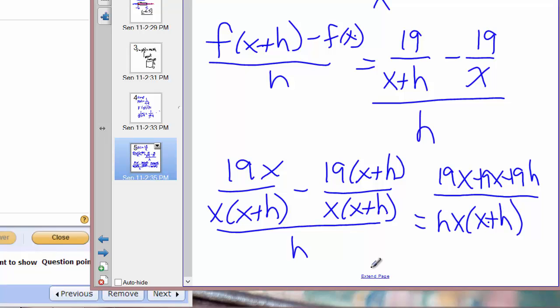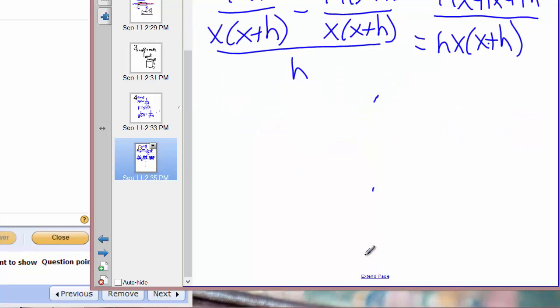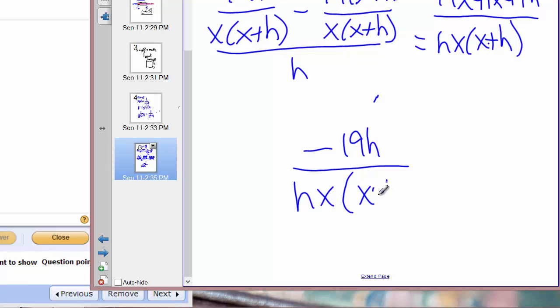And then, of course, the 19x cancels each other out. So what do we have? Minus 19h divided by h times x times x plus h. And then, of course, we cancel out the h.